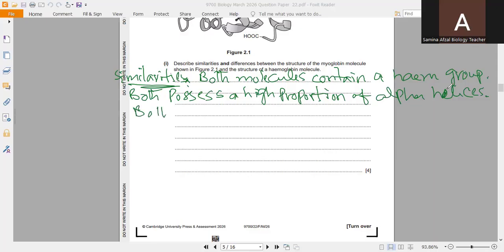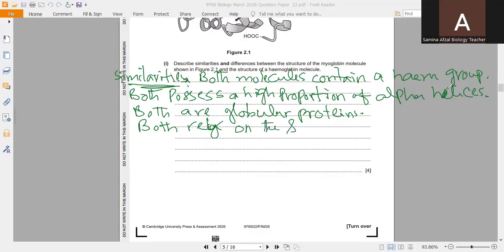Both are globular proteins. Both rely on the same type of bonds.